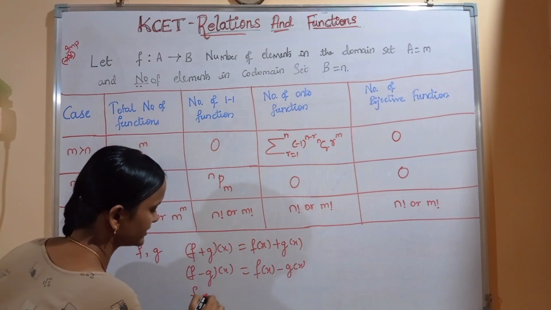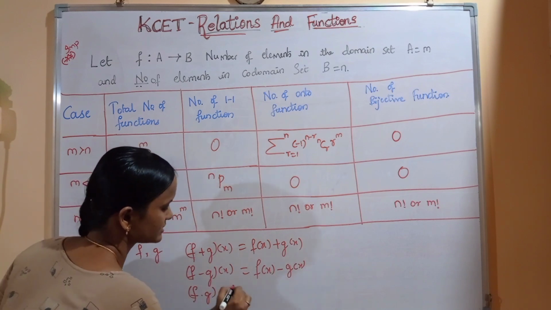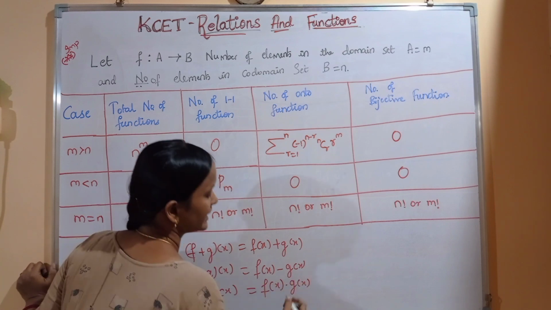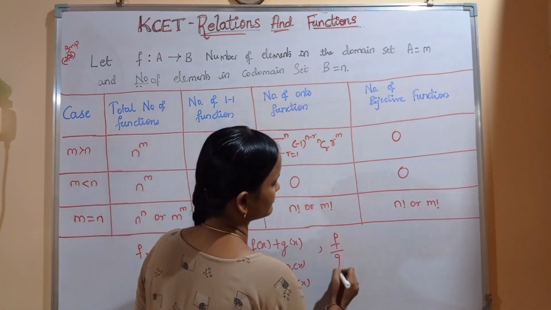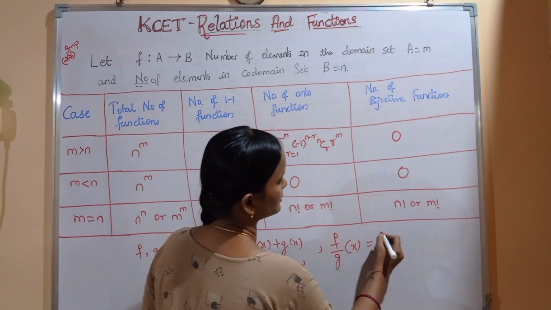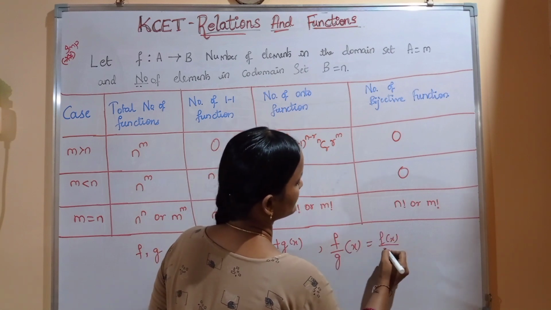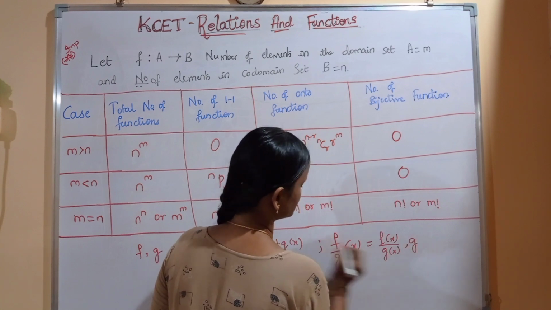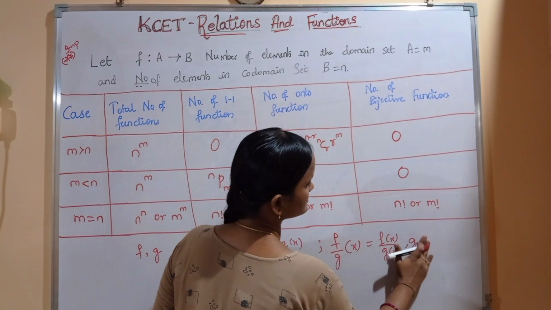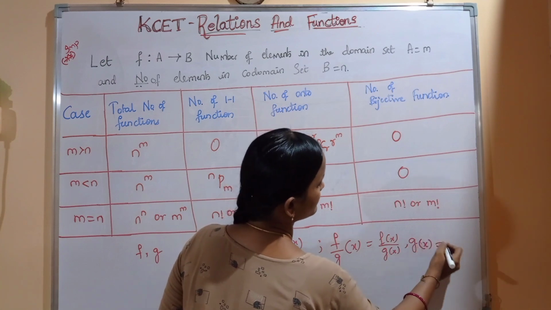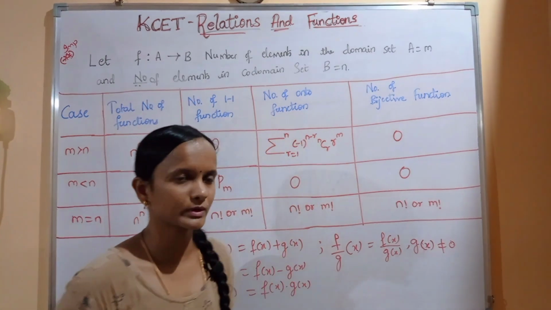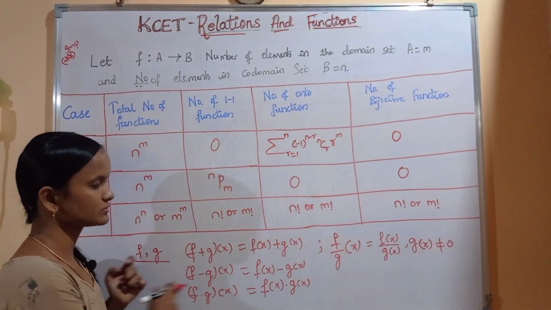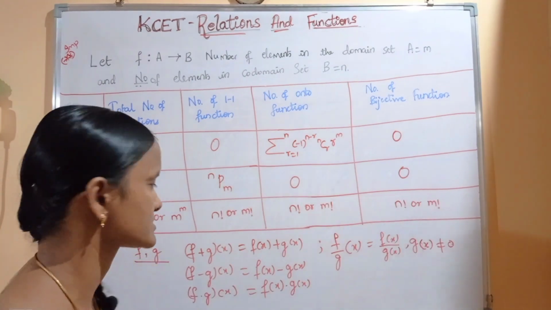Next, f into g of x is equal to f of x into g of x. And the last one, f by g of x is equal to f of x by g of x, provided g of x should not be equal to 0. Okay, these are all the algebra of two given functions. You can construct them like this.